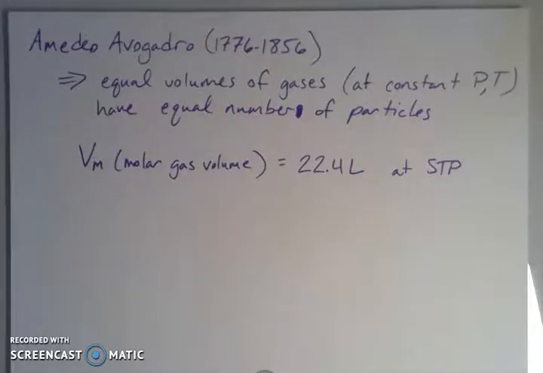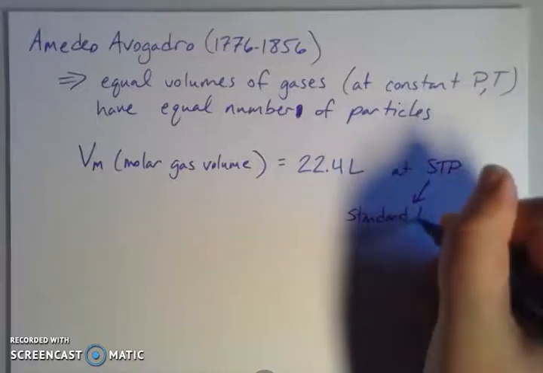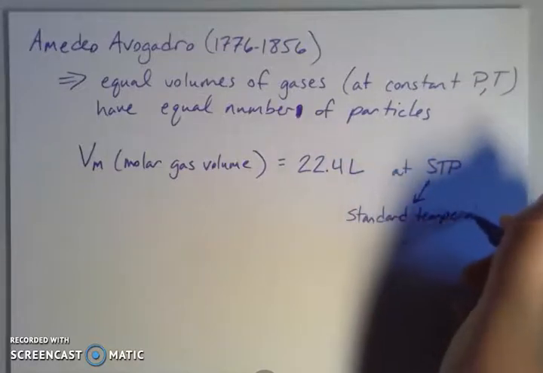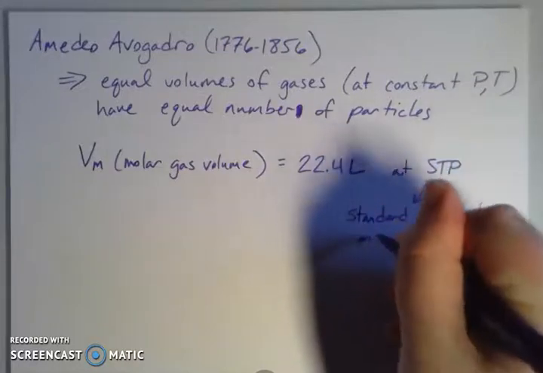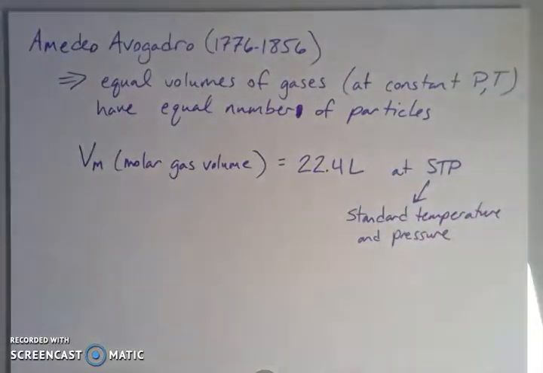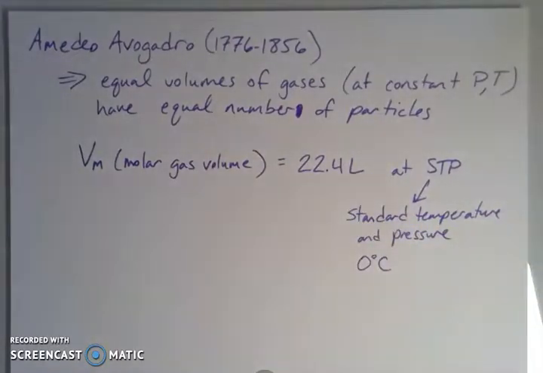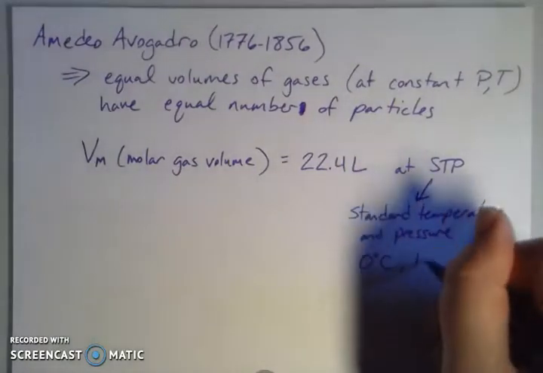STP here is standard temperature and pressure. Standard temperature and pressure for gases is 0 degrees Celsius, or 273.15 Kelvin, and 1 atmosphere of pressure.